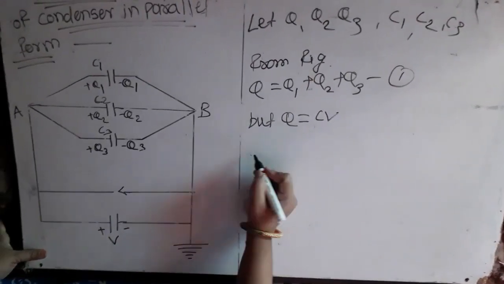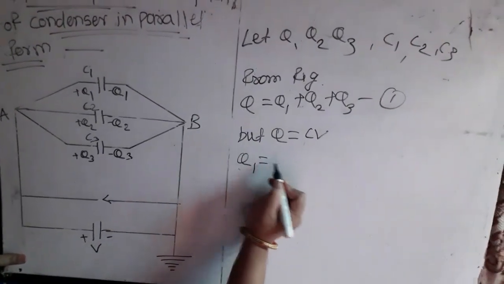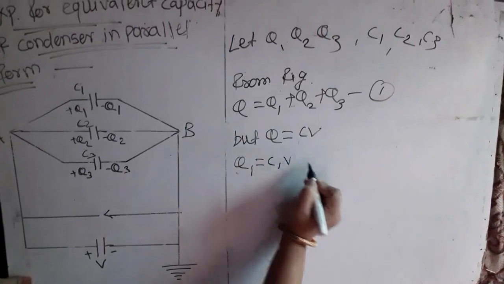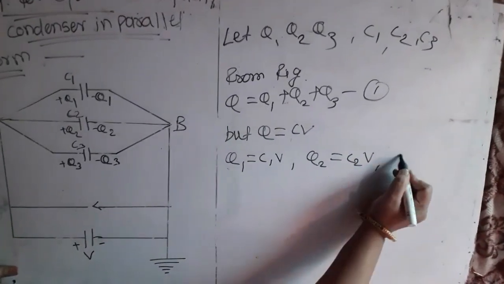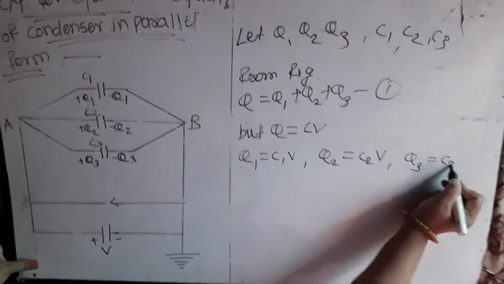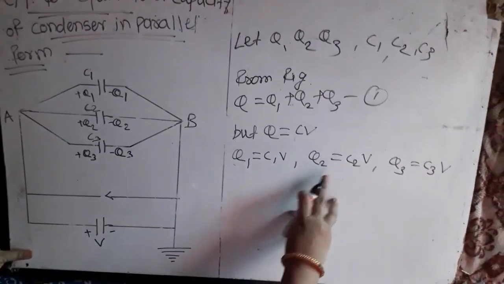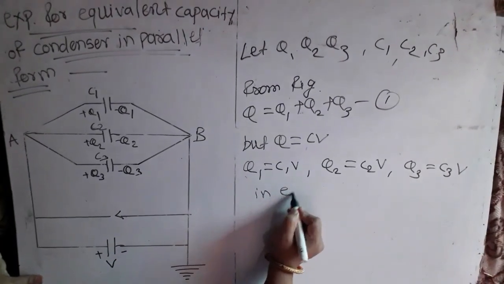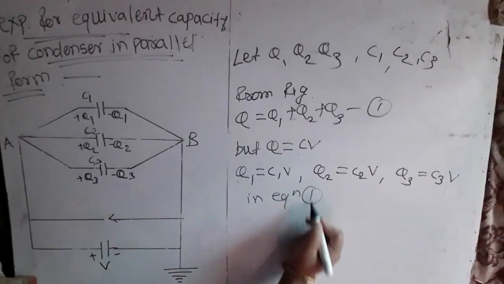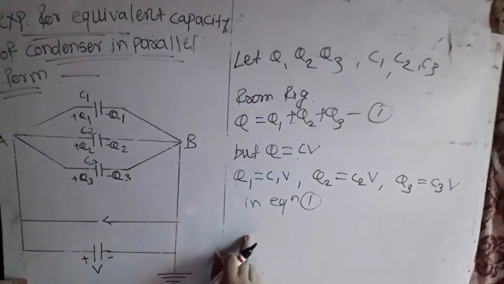Now consider Q1 is equal to C1V, Q2 is equal to C2V and Q3 is equal to C3V. Put these values in equation first.